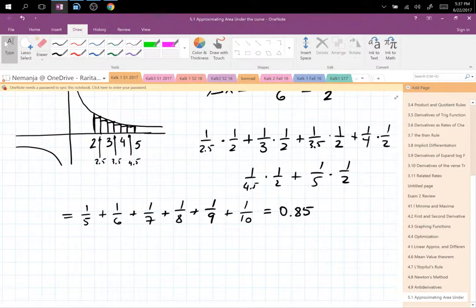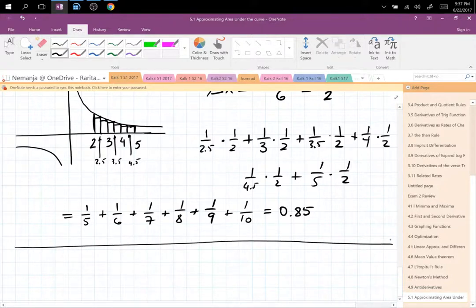So the next part of this lecture is to say one more time and realize that the more rectangles you have, the less error you have. If you want the exact area, you will have to get infinitely many rectangles involved.